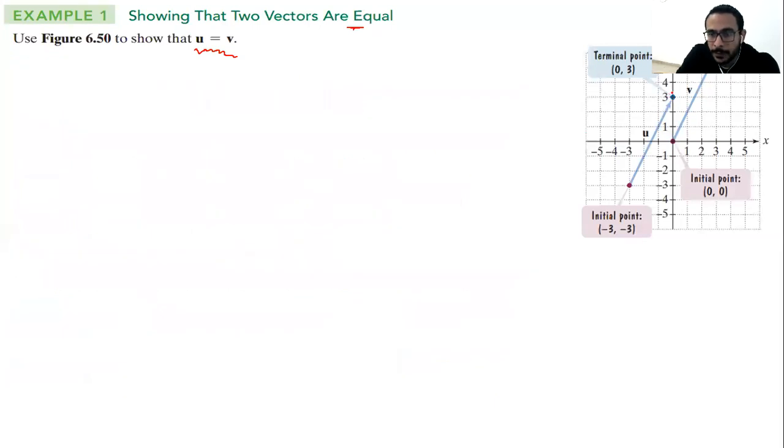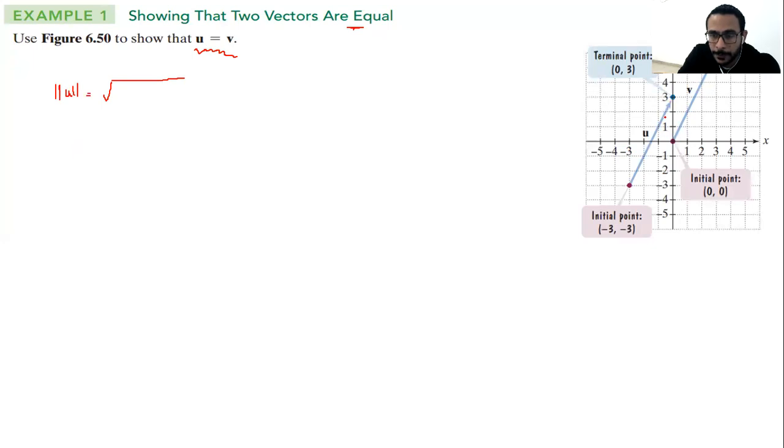First, how to find the magnitude of vector u. The magnitude of vector u is the same as the absolute value of a complex number. Here we have negative 3, negative 3, and 0 and 3.